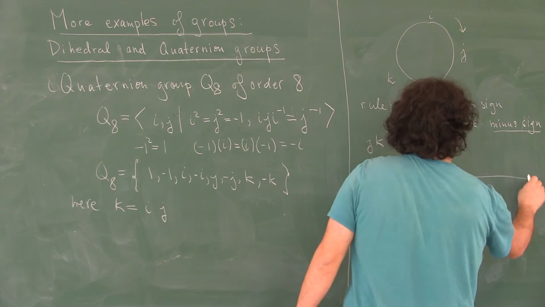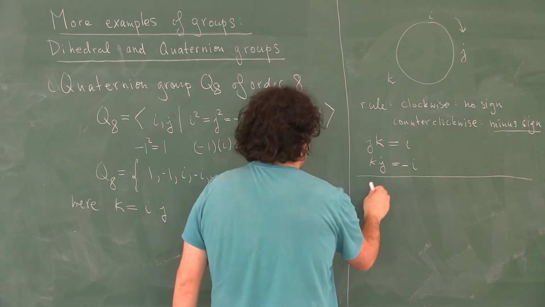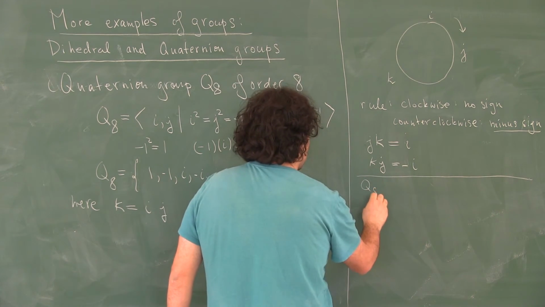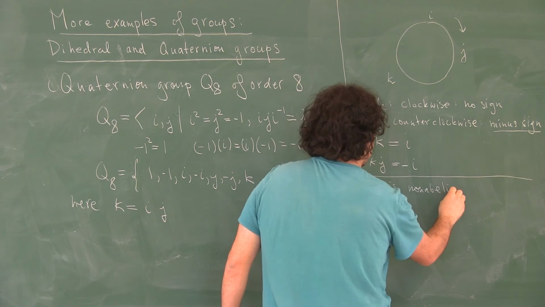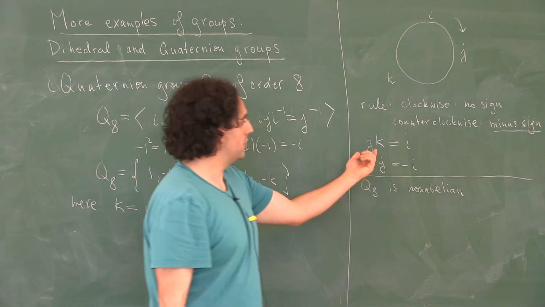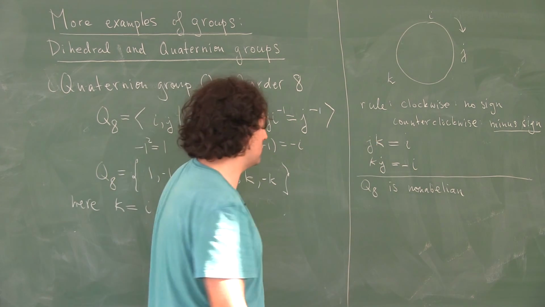Now, from this simple rule, we deduce several things. Q8 is non-abelian, because here are two elements, j and k, and they do not commute with each other.